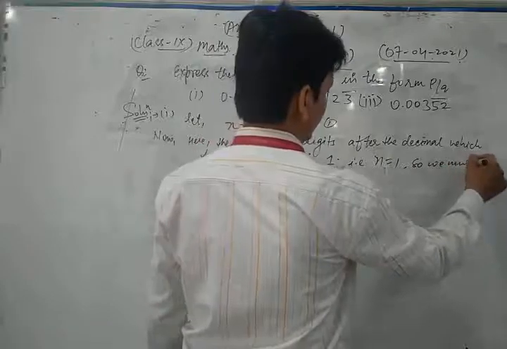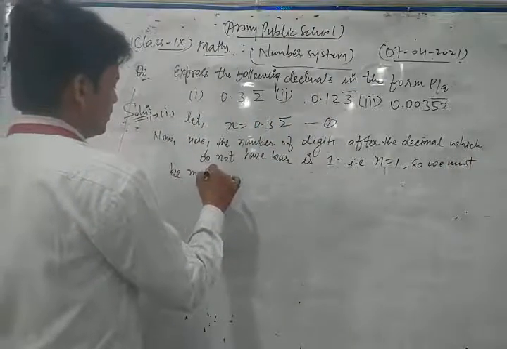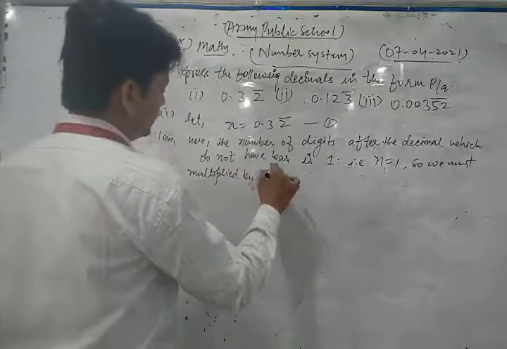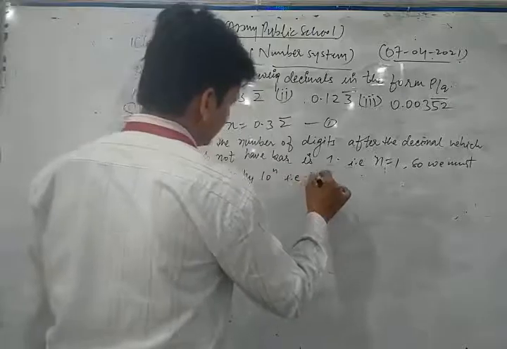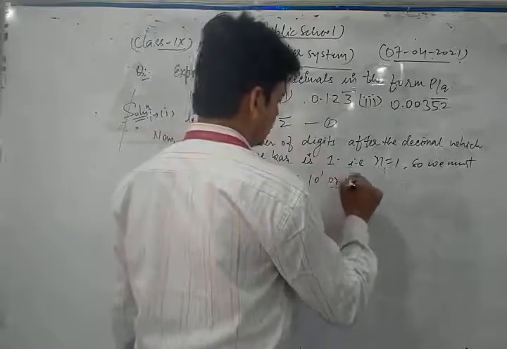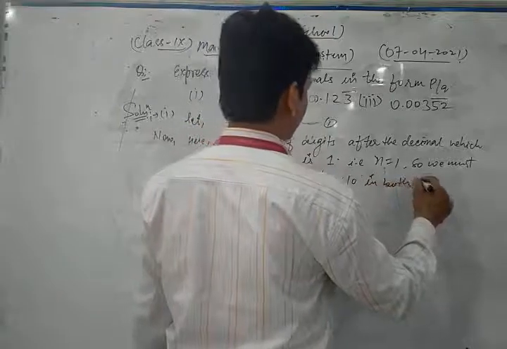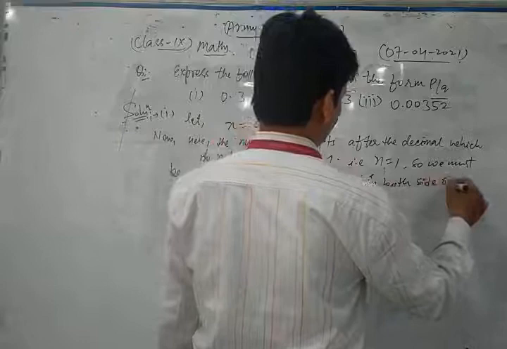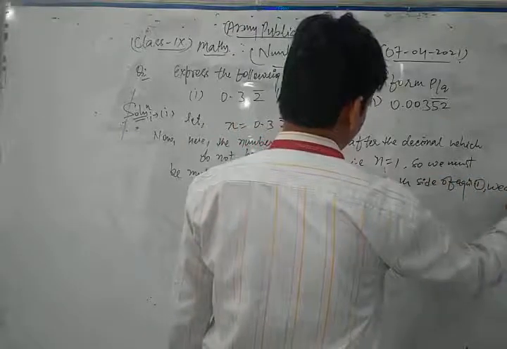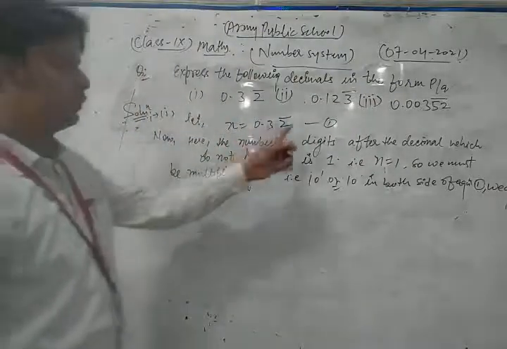We must multiply by 10 to the power n, that is 10 to the power 1, or 10, on both sides of equation 1.